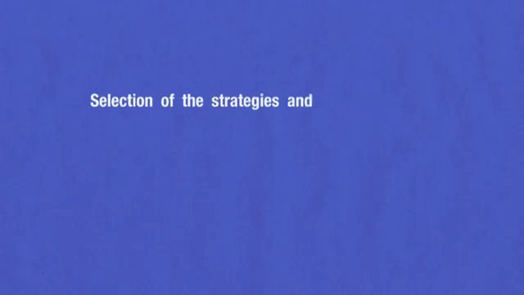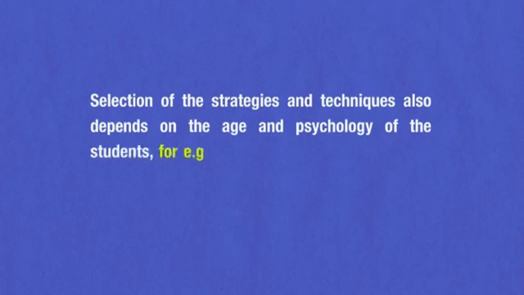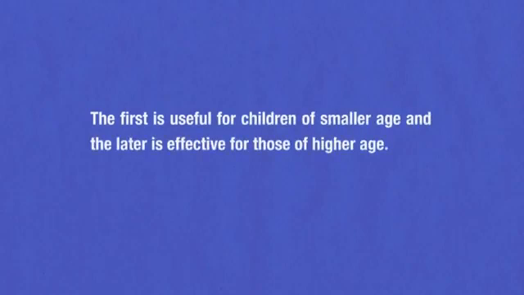Selection of the strategies and techniques also depends on the age and psychology of the students. For example, if the content can be explained by storytelling and opposite word techniques, the first is useful for children of smaller age and the latter is effective for those of higher age.